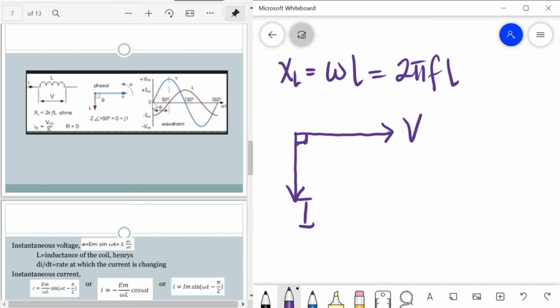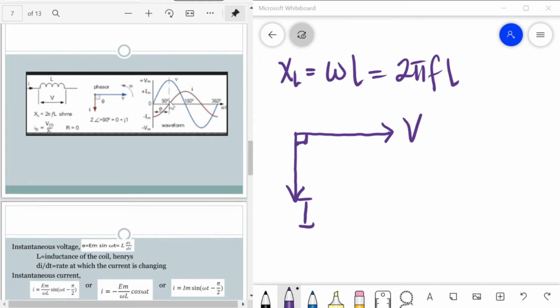This is the voltage, and it starts from the reference. This is the I, it started at a certain value, here at maximum, so it lags by angle theta. This is 90 degrees. The wave of the voltage, and the red one is the current.